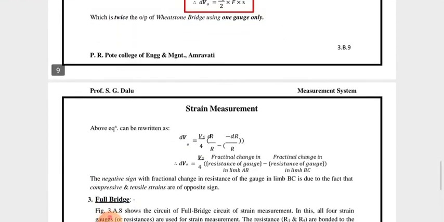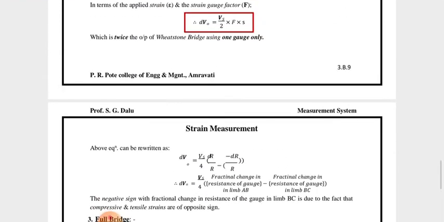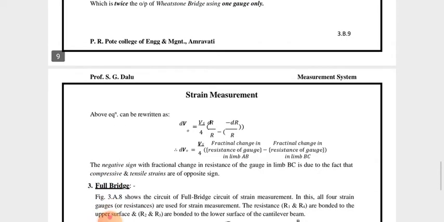The above equation can be written as dVO equal to Vs by 4 into dR by R minus dR by R. That is nothing but dVO equal to Vs by 4 times the fractional change in resistance of the gauge in limb AB minus the fractional change in resistance of the gauge in limb BC. The negative sign with the fractional change in resistance of the gauge in limb BC is due to the fact that compressive and tensile strain are of opposite sign.